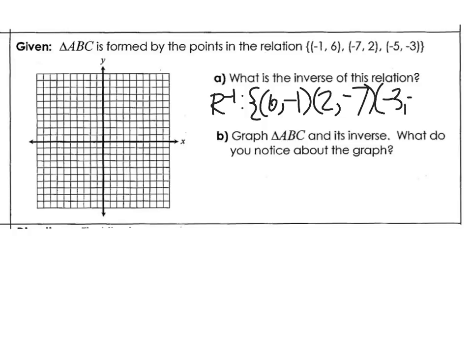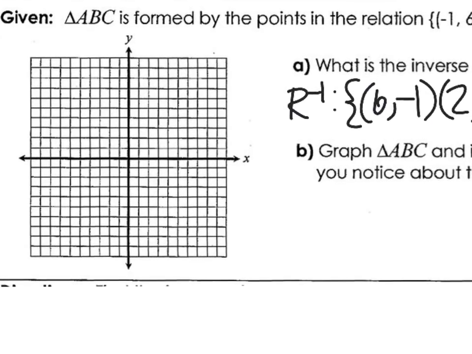And -3, -5. So then you have the relation and the points that are the inverse of the relation. The next thing you'd want to do is graph the 3 points in your relation, triangle ABC, and the points that represent the inverse. And then we're going to see what you notice about this graph. So let's go ahead and do that now.